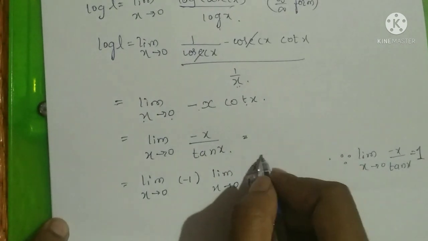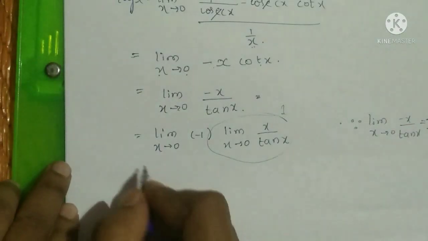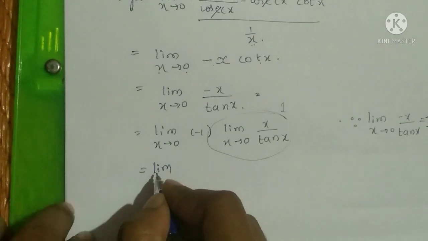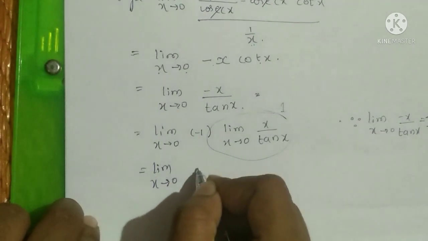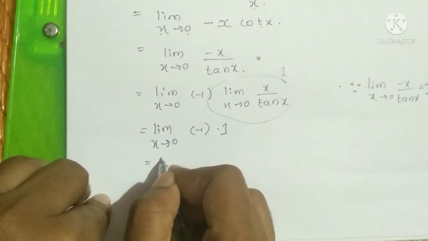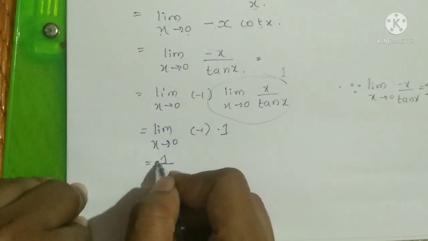So this term can be equated to 1. So here you have limit x tends to 0 of minus 1 into 1. Sorry, it's minus 1.